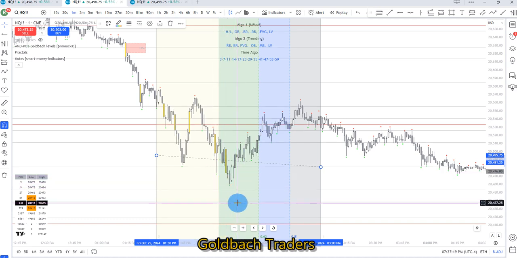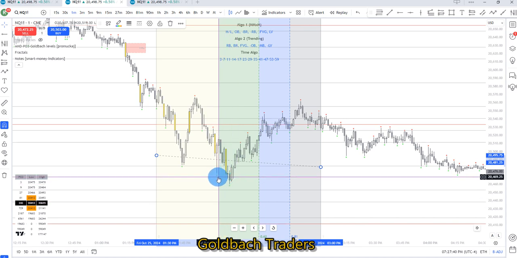Now, the only other thing that I would be paying attention to is that when you're looking at manipulation and the go back numbers, it needs to be going into some sort of PD array where there's existing orders. That's all liquidity is, simply existing orders.